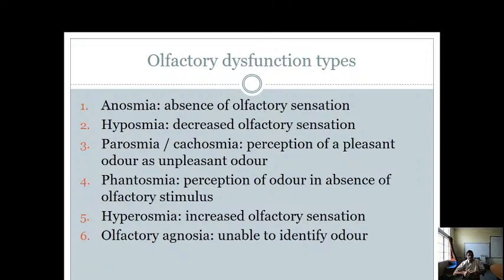And phantosmia, where there is no odorous substance there, but you feel an olfactory stimulus. Then hyperosmia, increased olfactory sensation. And olfactory agnosia, where you are able to find out there is some kind of a smell, but you are not able to identify what the odor is.